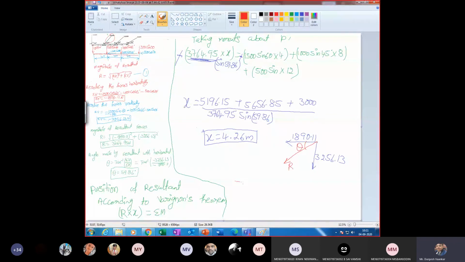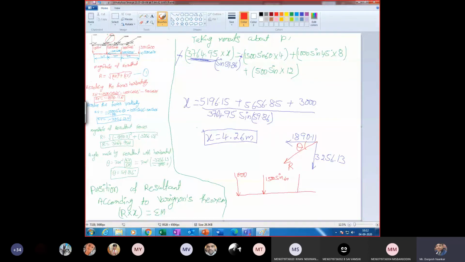Now in this question that is given to us, this one is our force system. Here it is 1000. Here some value, how much that is? 1500 sine 60.